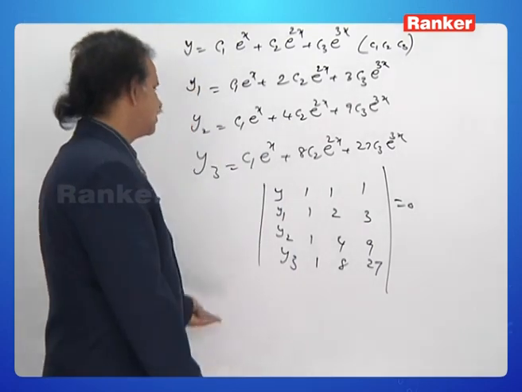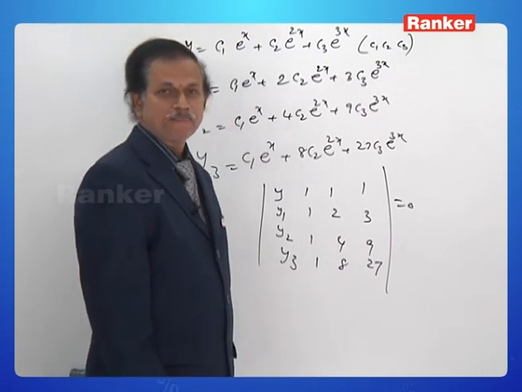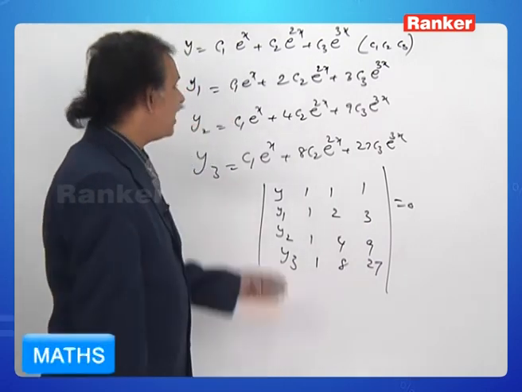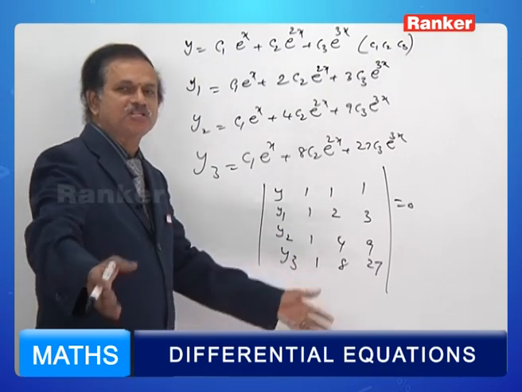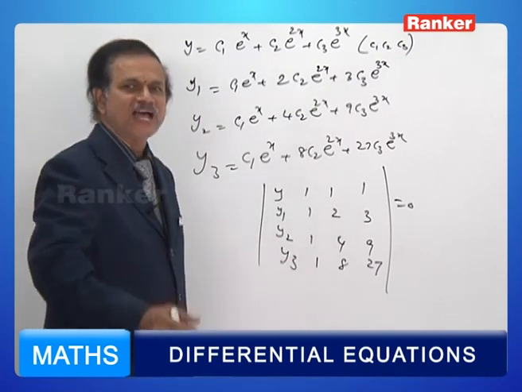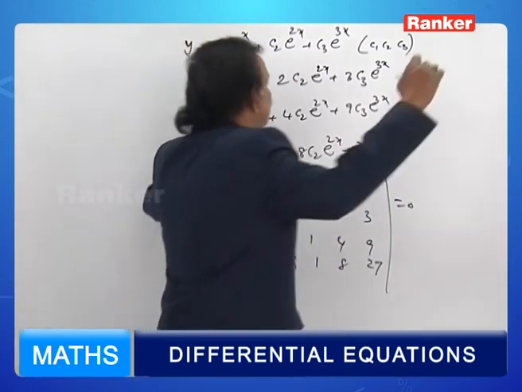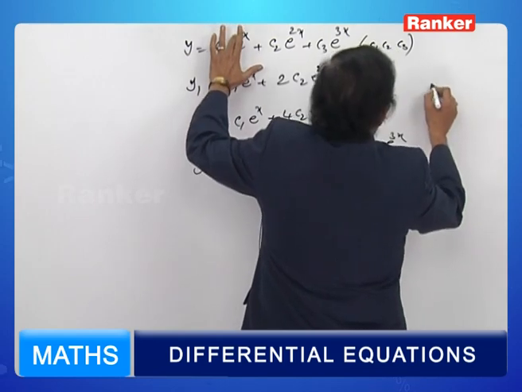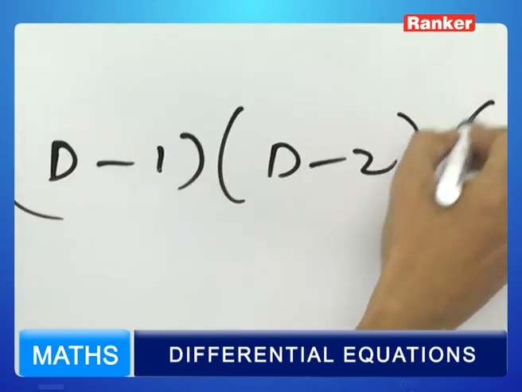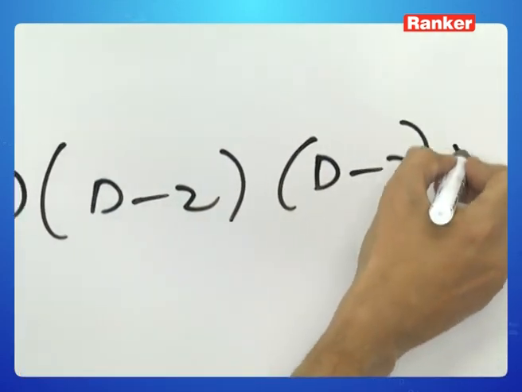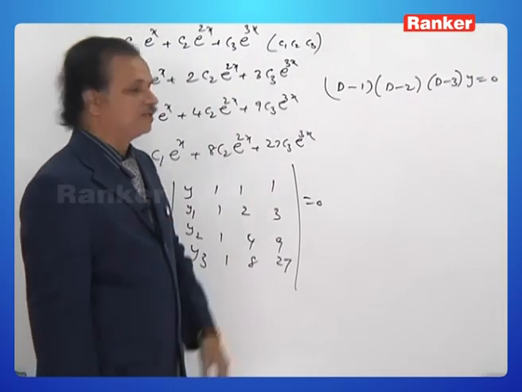Of course, by using some row operations or column operations, it can be reduced. Well, my dear, to avoid that type of bulky simplification, there is a hint. We can extend the previous hint. The answer is D minus 1 into D minus 2 into D minus 3 of y is equal to 0. You just forget about c1, c2, c3.